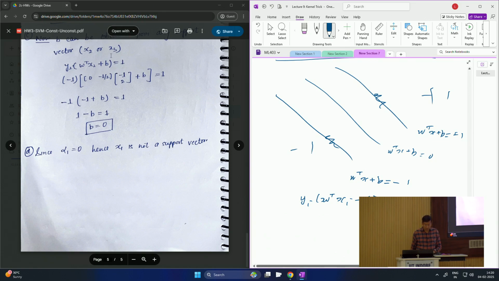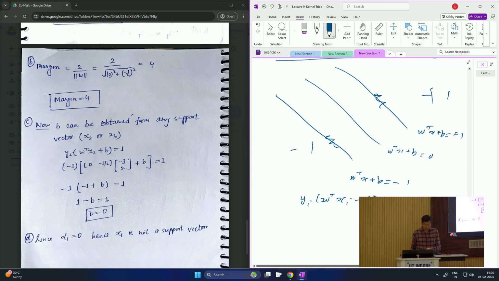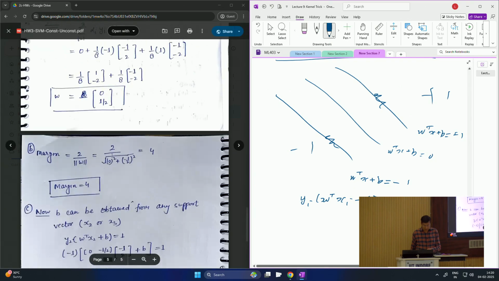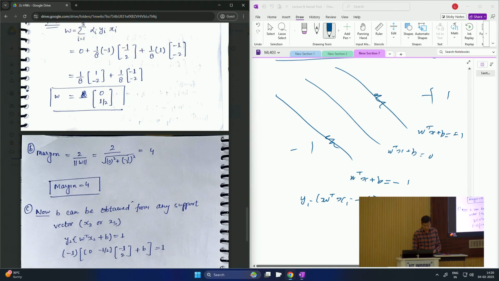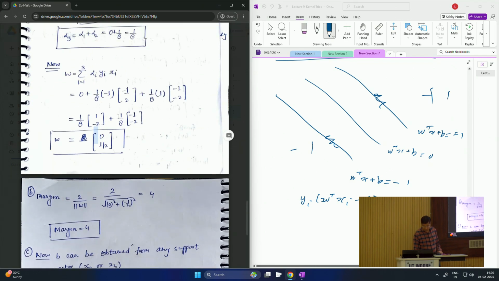So without loss of generality, I do it for x2. So I do y2 (w transpose x2 plus b) is equal to 1, y2 is minus 1, w2 is 0 and minus half, which we just found out. It comes out to be minus half, I think. There's a typo here. Fix this. This should be minus half.